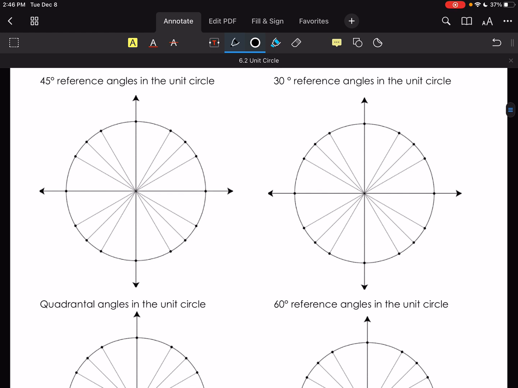So, 45 degrees would put me here, right? It's going to split my quadrant. Okay, so your 45-degree reference angles, those are going to split the quadrant in half.